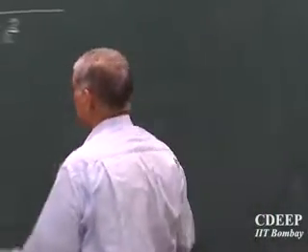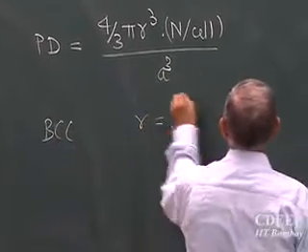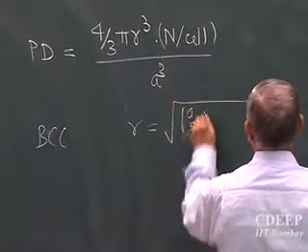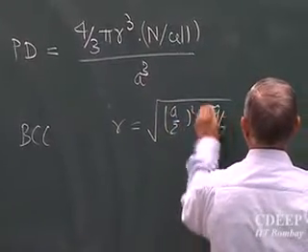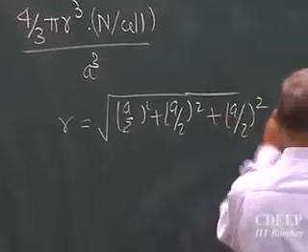I will not solve all of it. For a BCC, since this person was talking of BCC, the R is the square root of A by 2 whole square plus A by 2 whole square plus A by 2 whole square.